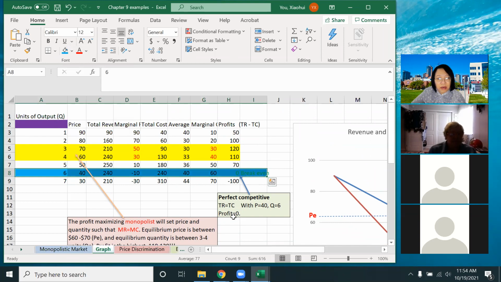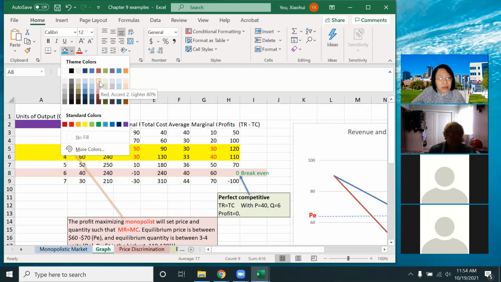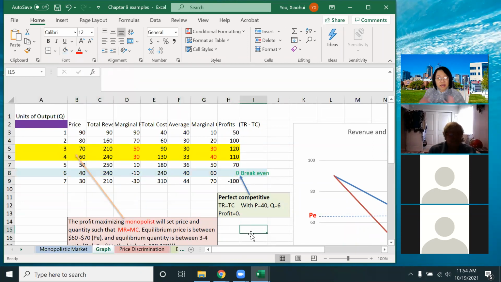This is for the perfect competitive market. Their production is here, the break-even point, with TR equal to TC, with price equal to 40 and quantity equal to 6. And their profit is equal to 0. So that's for the perfect competitive market.